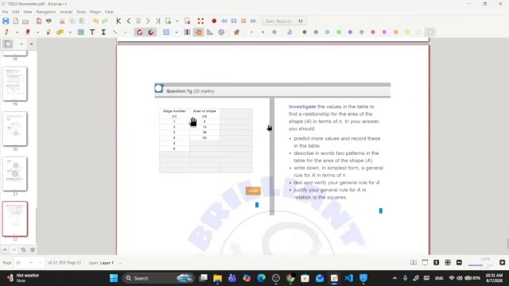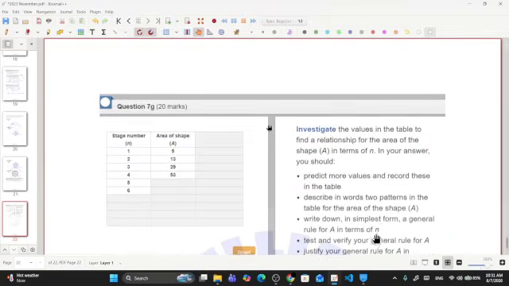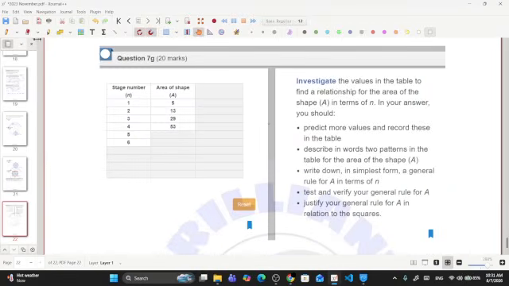So, okay, 7 part G. Investigate the values in the table to find a relationship for the area in terms of n. So we can see clearly, first things first, we have to predict these values. So, alright, this is the difference of positive 8.